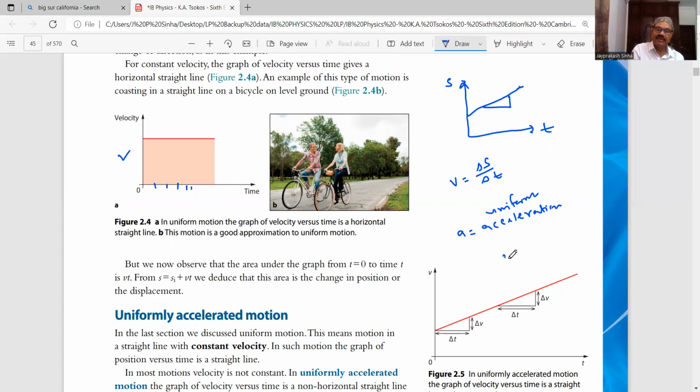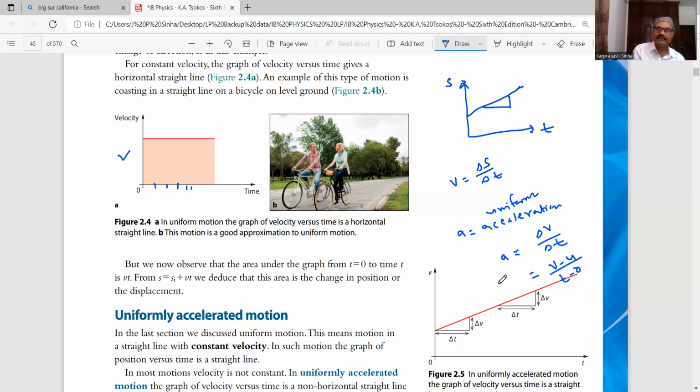So here we'll get a is equal to delta v upon delta t. See, both are similar. So your delta v means what? If final velocity is v, initial velocity is u, and delta t is t minus 0, so that is v minus u upon t.